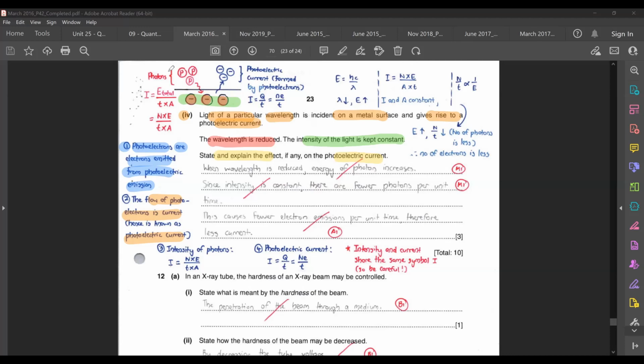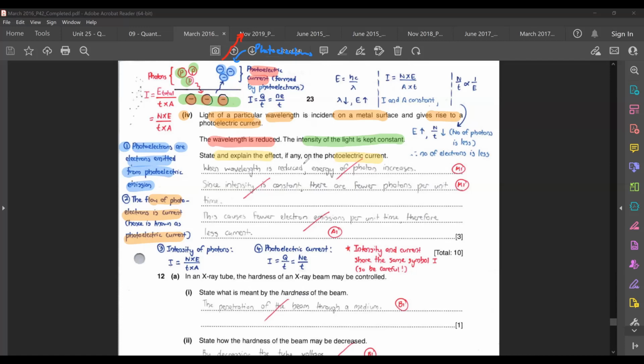When photons come towards the surface, your electrons accept those photons, and if there's enough energy, they will escape. The electrons that have escaped are known as your photoelectrons. When they flow towards one side in a particular direction, that is known as your photoelectric current. That's just one thing to note here.